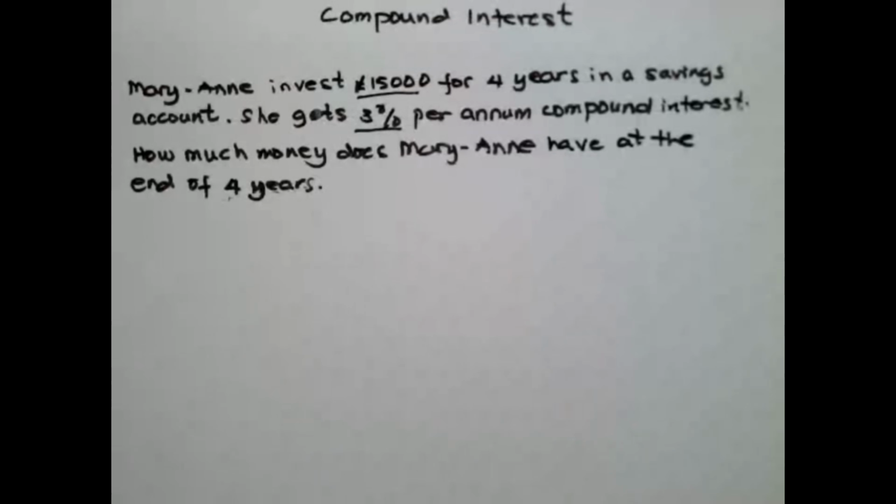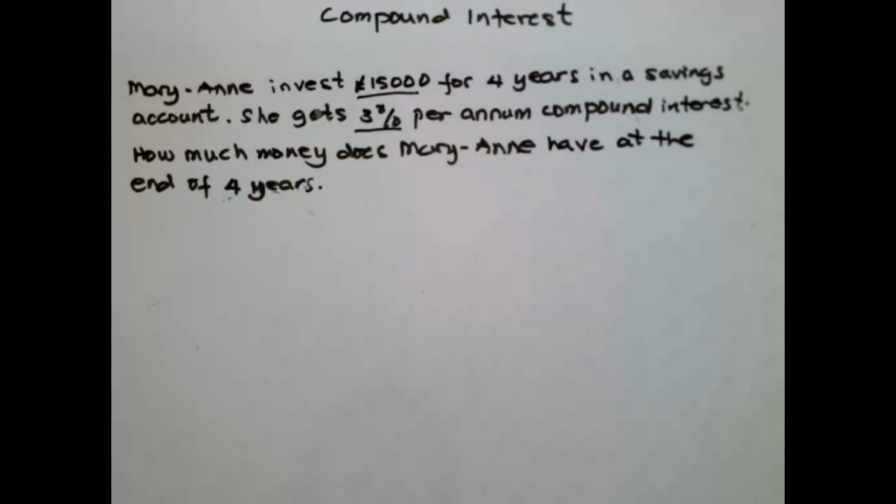Okay, we're going to give you an example of how to calculate compound interest. The question is: Mary Ann invests 15,000 for 4 years in a savings account. She gets 3% per annum compound interest.